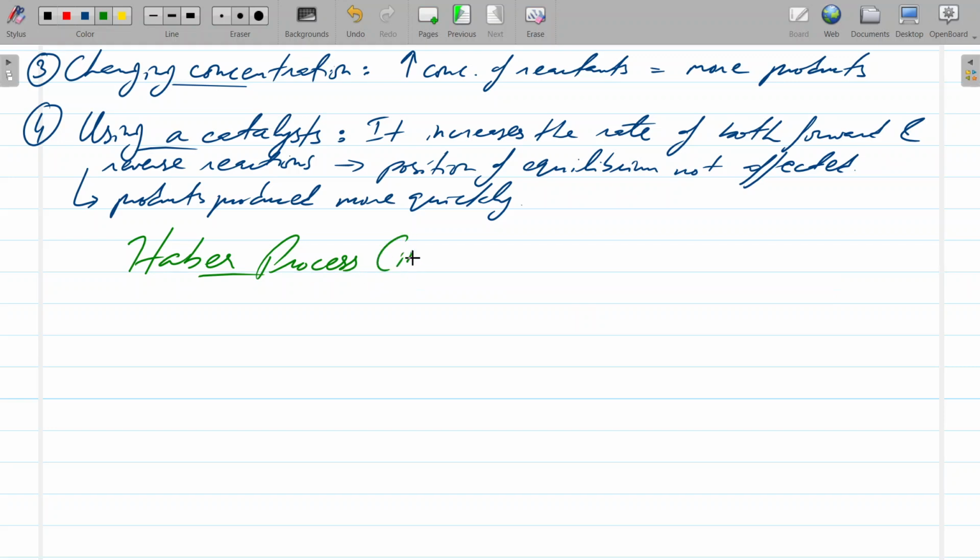So Haber process is the name for the industrial manufacture of ammonia. And so what happens in the Haber process is that you take nitrogen and hydrogen and react them to form ammonia.